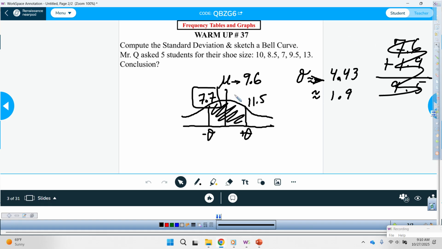So, statement. What is your conclusion? Tell your neighbor your conclusion, and then we're going to pass it to Thomas. Thomas is going to enlighten us with a conclusion for that data. So here are the shoe sizes of 5 students. What would be your conclusion, Thomas?